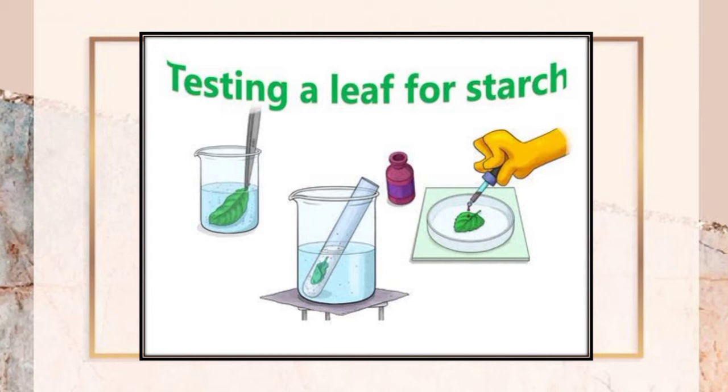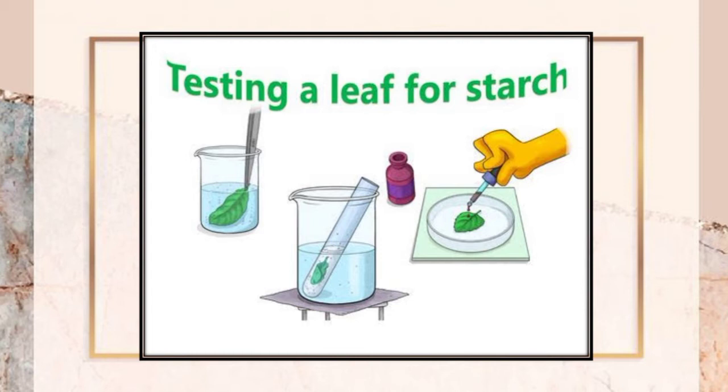Method: first step, keep a healthy potted plant in a dark room for a day or two. Water the plant at regular intervals. Second step, now pluck a leaf from this plant and boil it in water. Then dip it in spirit and wash it in cold water.